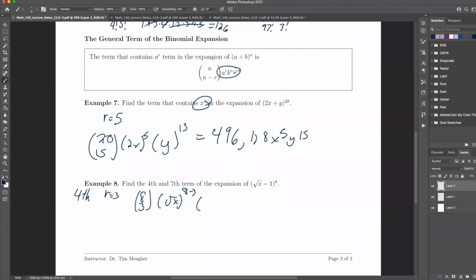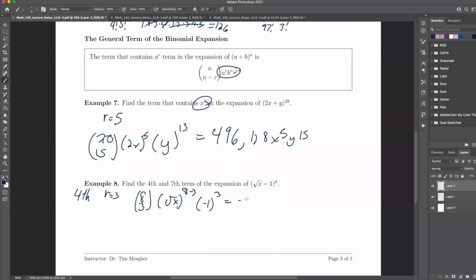Oh, for the term that contains a^r in the expression, it's this. For the 4th term, yeah, this is correct. This right here is correct. Let me look at this and I'll get back to you on that. This is correct, but here is using a different r for a different reason. Sometimes I don't love what your book does.